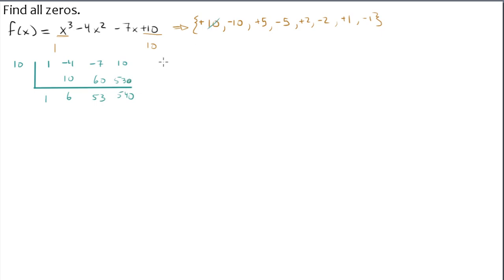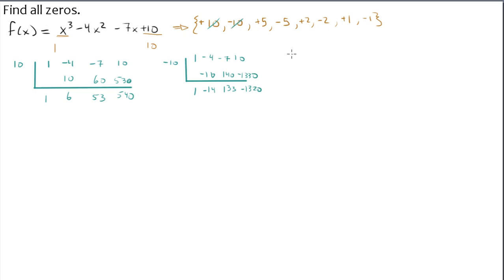So let's try again with negative 10. And again, we're just using a little synthetic division here to try and see if we're going to get what we need. So that's negative 14, positive 140, 133. Yeah, this isn't going to work. Negative 1330, negative 1320. That's not it either. So it's not 10 or negative 10.